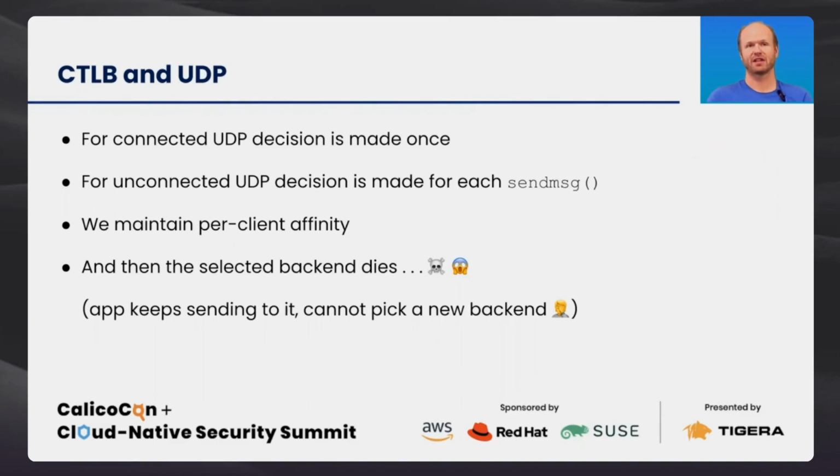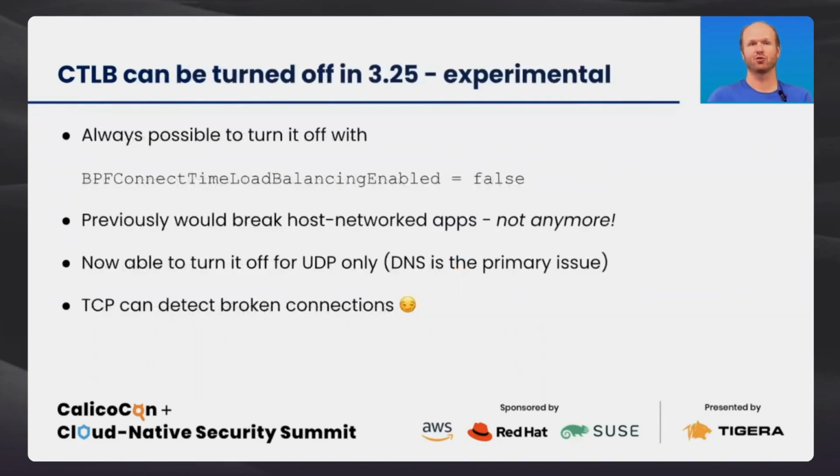But what happens if a backend dies? Essentially, the app can't tell because it's sending UDP traffic somewhere. There's no connection being maintained. And so it keeps sending it to the backend that doesn't exist anymore. And it cannot pick a new one.